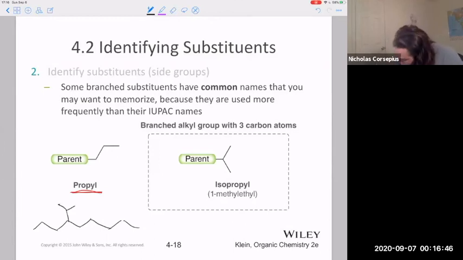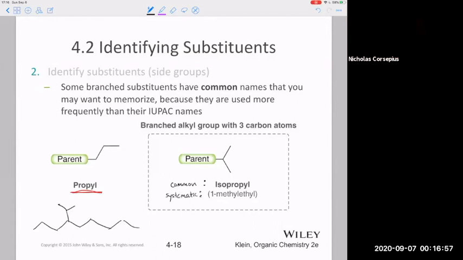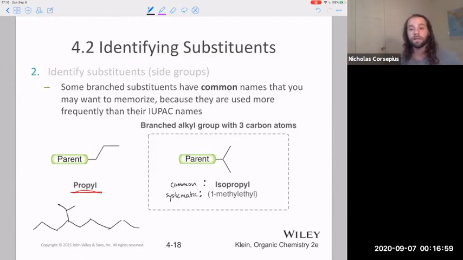The common name would be isopropyl, whereas the systematic or IUPAC name would be 1-methylethyl, which is what we would have arrived at when we learned how to generally name branched substituents. But this has been around for so long that it's commonly referred to as an isopropyl group.